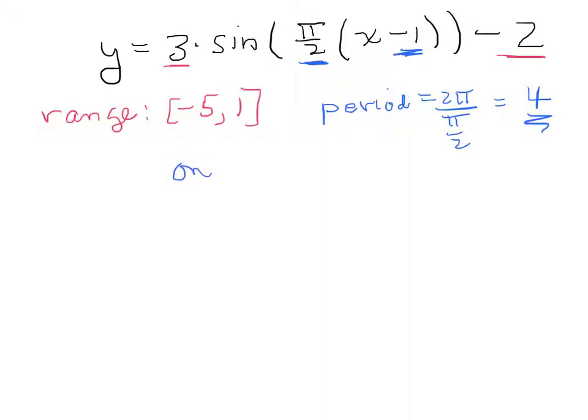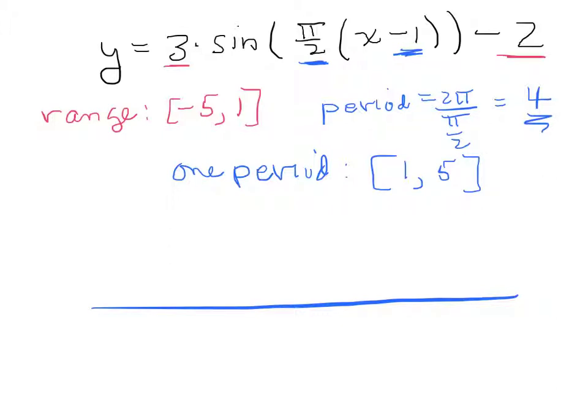So that means 1 period is going to go from, okay, so it's going to start at 1, and the period length is 4, so it's going to go from 1 to 5. And so when I graph this, like so, it's going to be down here at -5, and up as high as 1. I'm going to go from 1 to 5.